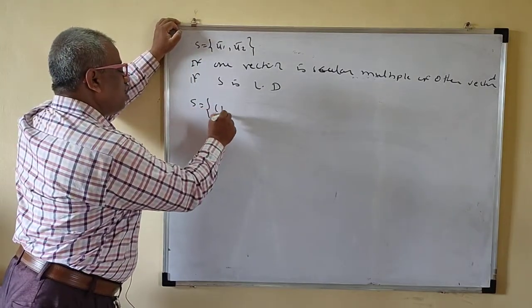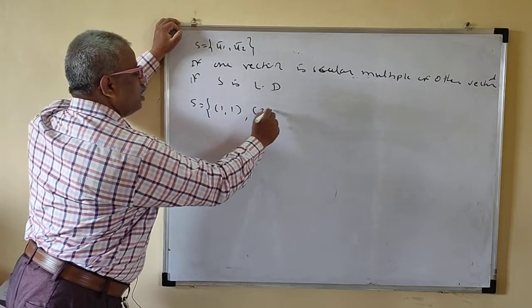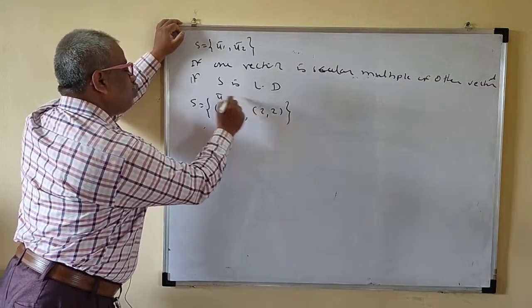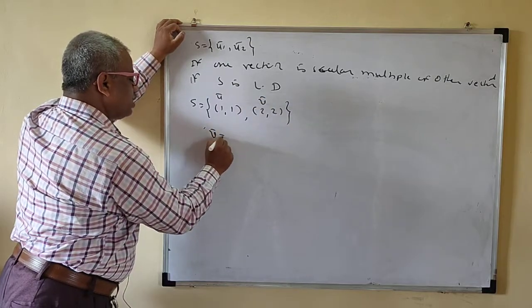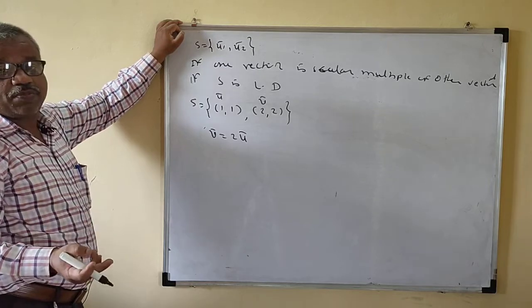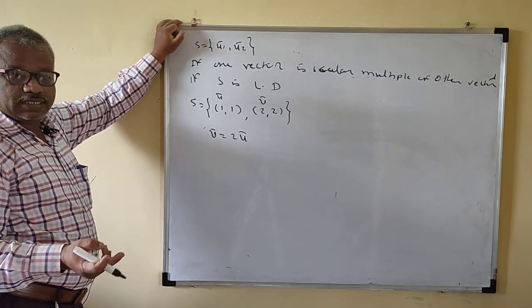Suppose S contains 1 1 and 2 2. So this is u bar and this is v bar. So v bar is the same as 2 u bar. That means v bar is a scalar multiple of u bar.